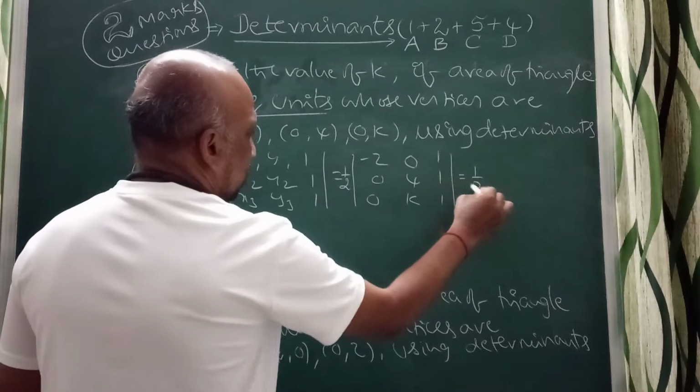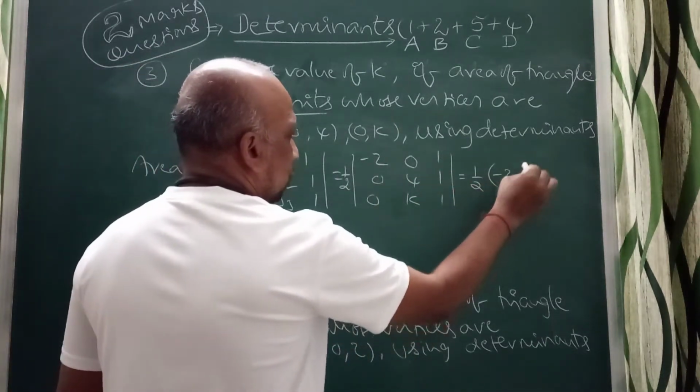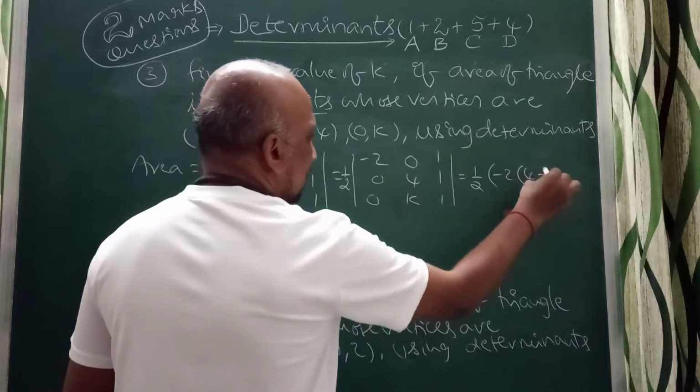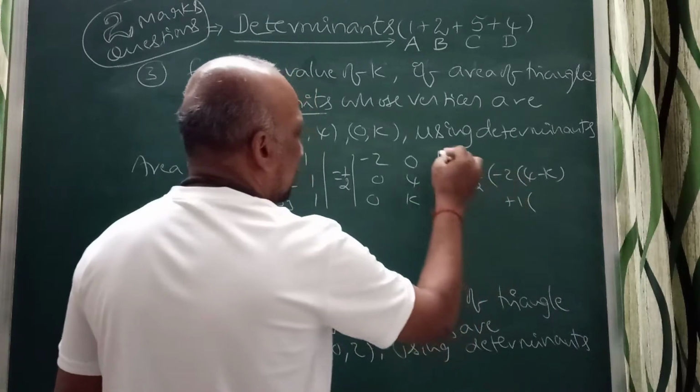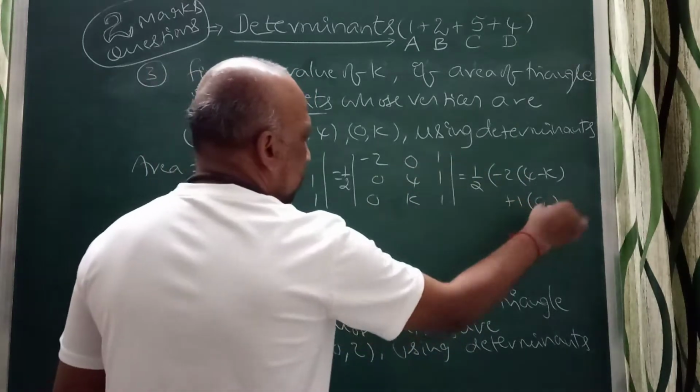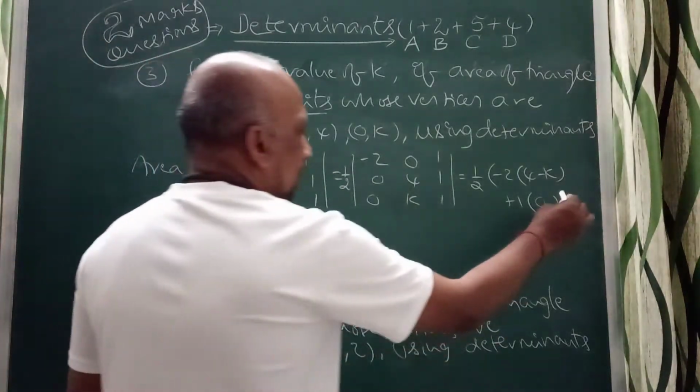We will simplify this because I have written 1 by 2. If I simplify this, I get minus 2 into, we will get 0 minus k; plus 1 into, this is also 0. Then expand the determinant.